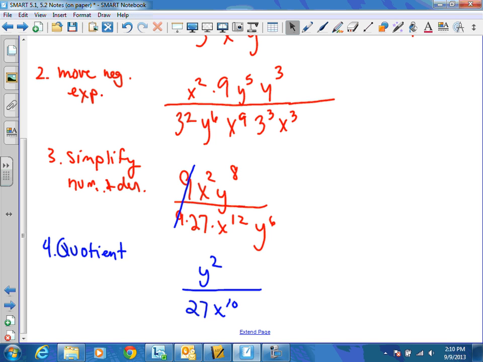Then I moved all my negative exponents. Any of the negatives, if they're on top, go below. If they're on bottom, come above, for the exponents, not the bases. Negative exponents. And I cross them out, so I can keep track of what I've moved.